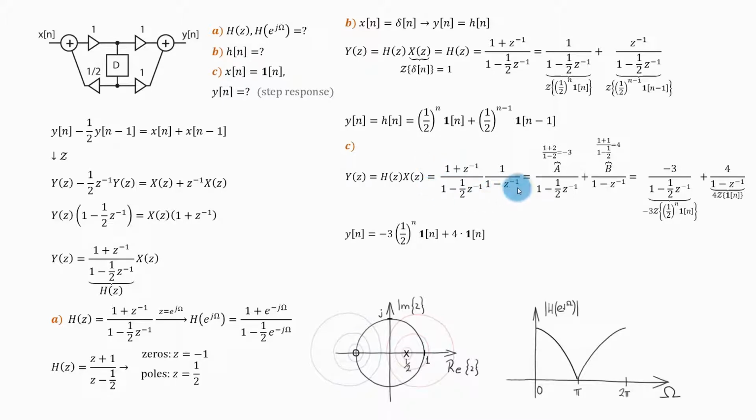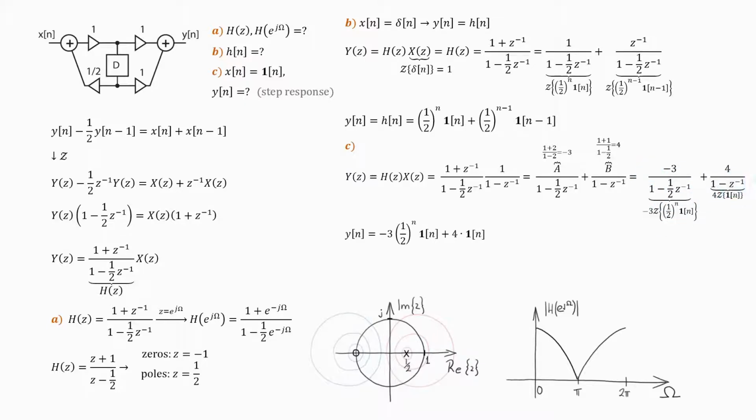To get the output in the time domain, I will need to take the inverse Z transform of this. For that, I will need to break it into partial fractions. This I can break into these partial fractions, and using the cover-up method, I can find that these constants A and B are actually -3 and 4. So this is the decomposition into partial fractions.